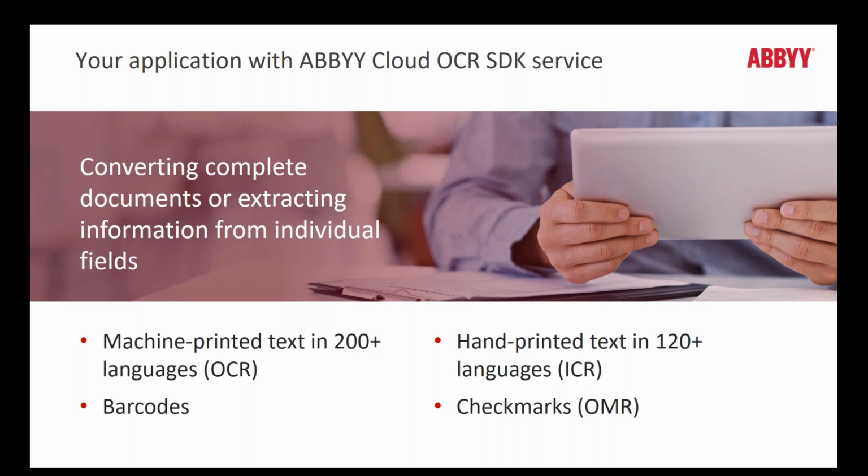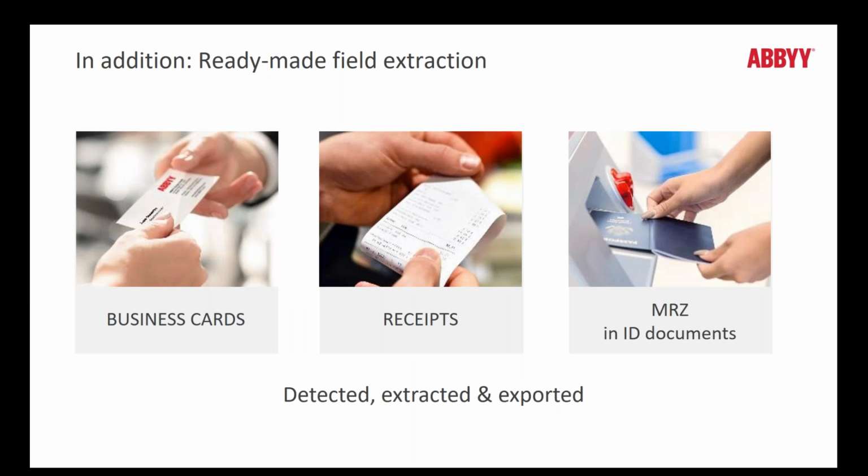Next to the standard recognition and document conversion technologies, we also offer three predefined algorithms, predefined systems that let you detect and extract data from individual documents. I listed here the three types of documents: business cards, data from receipts, and the machine readable zone in ID documents.